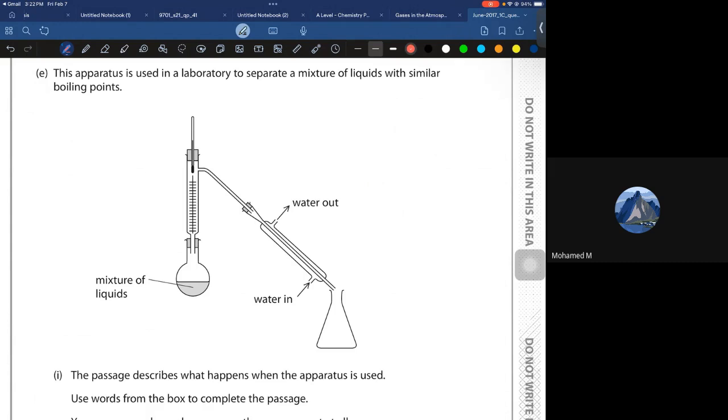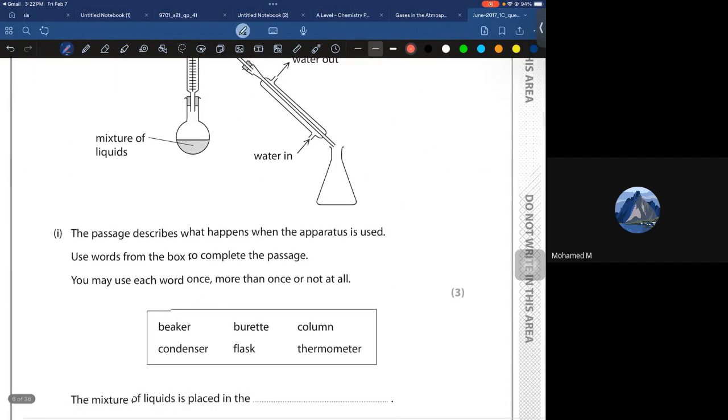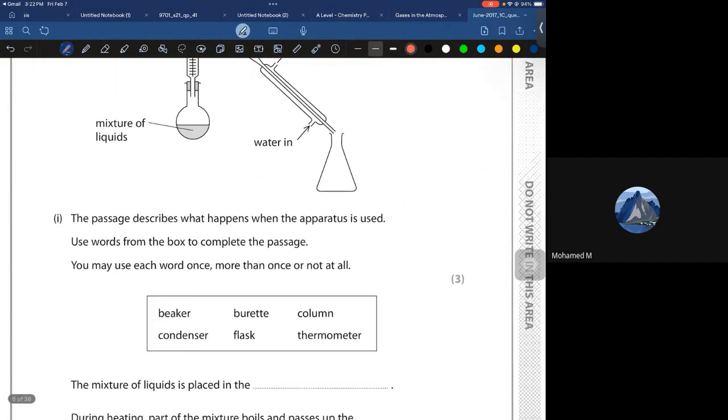Each word once, more than once, or not at all. The mixture of liquids is placed in the flask. During heating, part of the mixture boils.